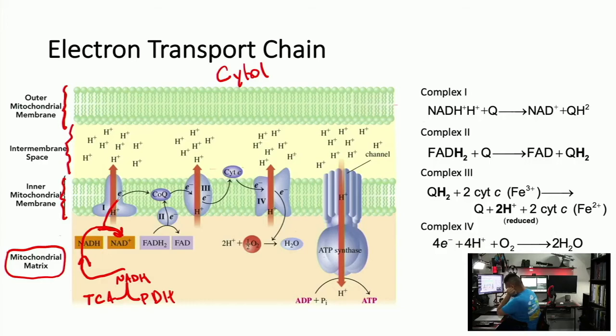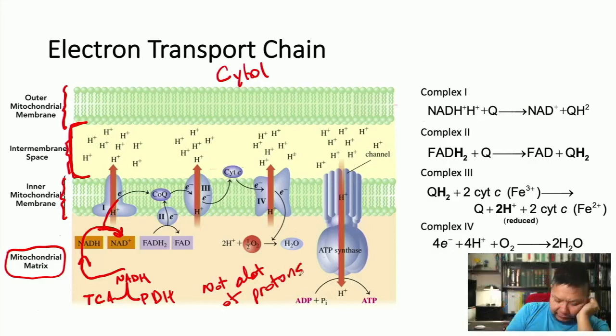The thing I want you to notice here is that in the intermembrane space, there are a lot of protons, but in the mitochondrial matrix, there are not a lot of protons. And by protons, I mean H pluses.